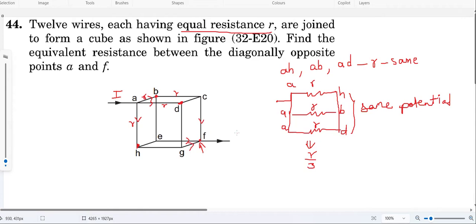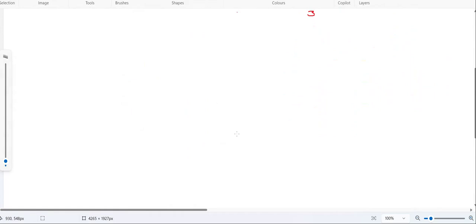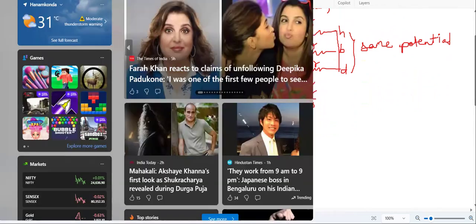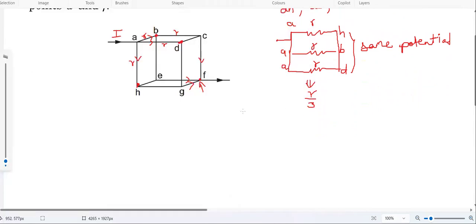These should also have the same resistance, and these are at the same point, C, E, G, with the same potential because the drop is absolutely same, no?